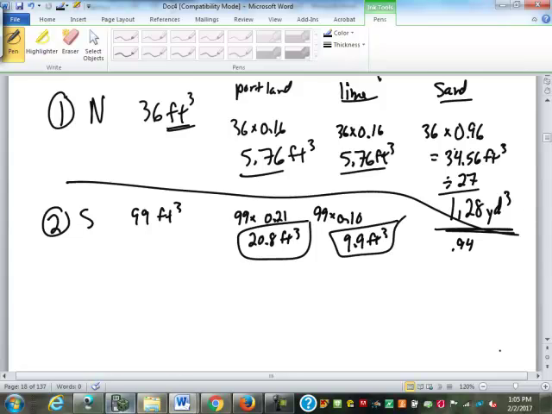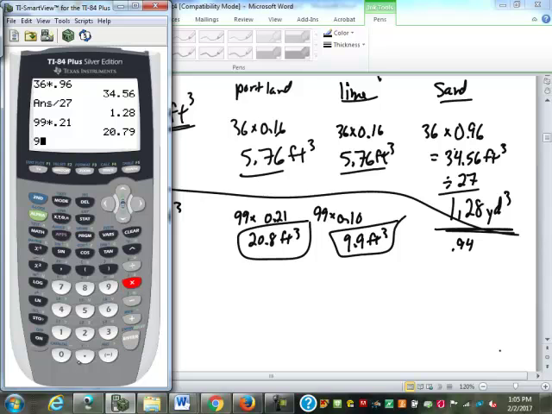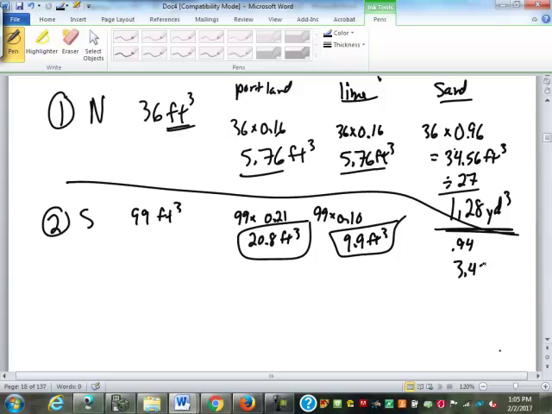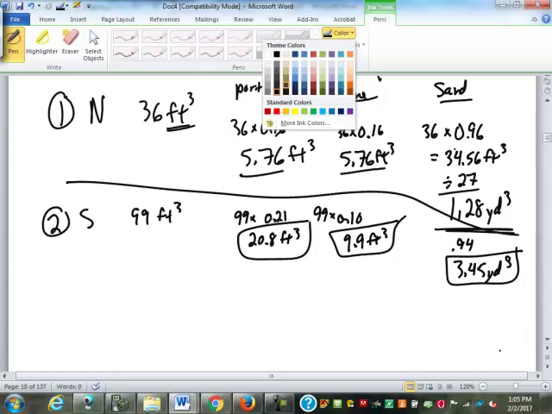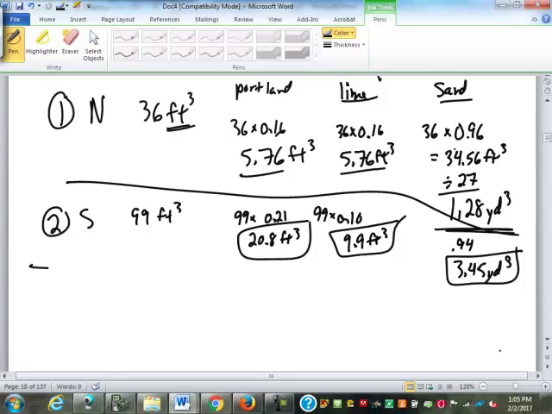Then for sand, 99 times 0.94, divided by 27, gives us 3.45 cubic yards of sand. What do you think? What's that? Not bad? Okay.